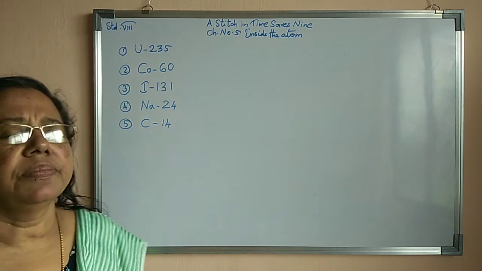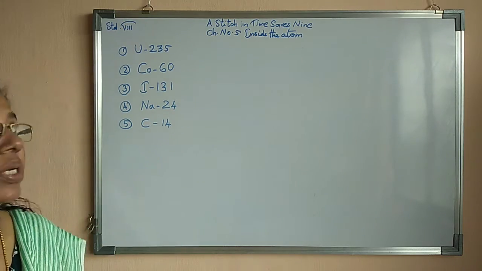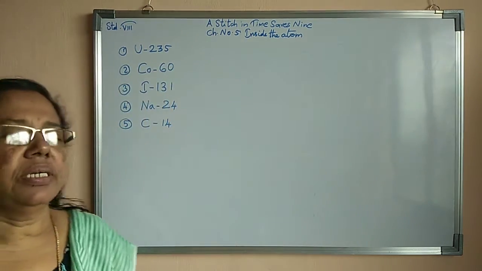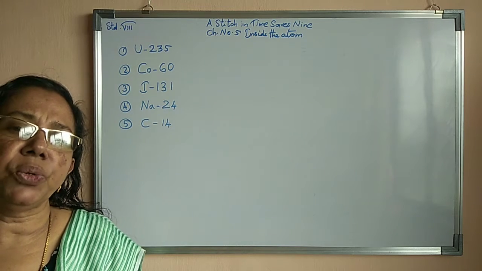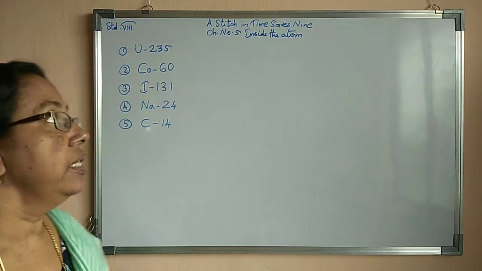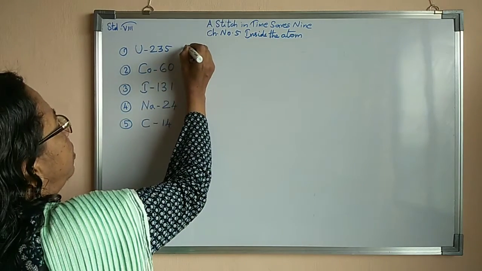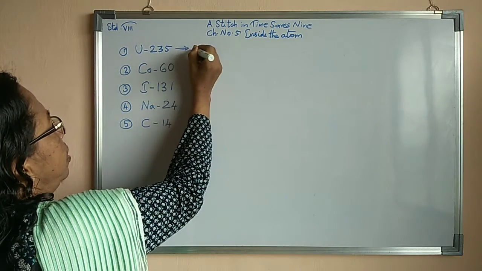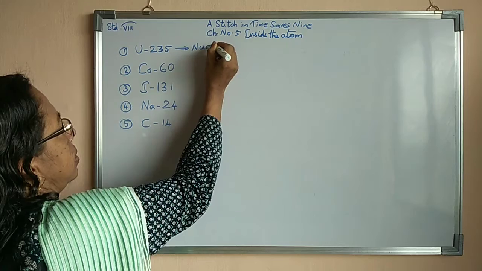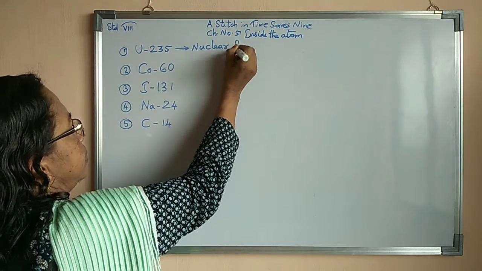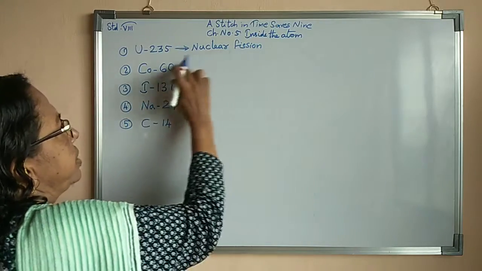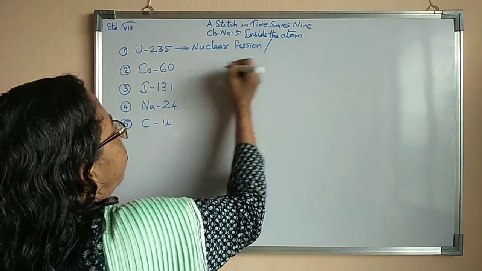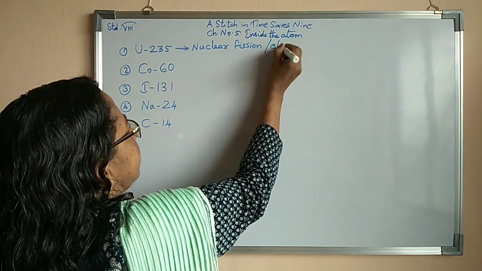Now we are going to study the first one, the uses of radioactive isotope uranium 235. This uranium 235 we can use for nuclear fission. This we are going to study in detail, and for electricity production.